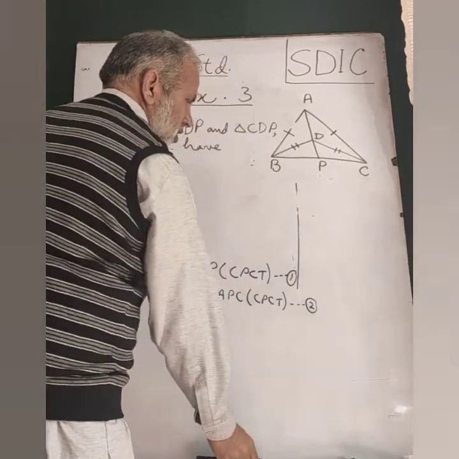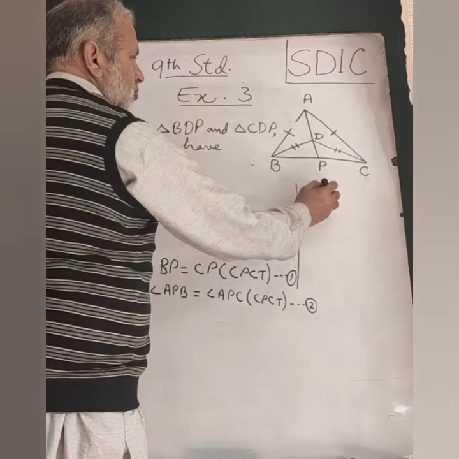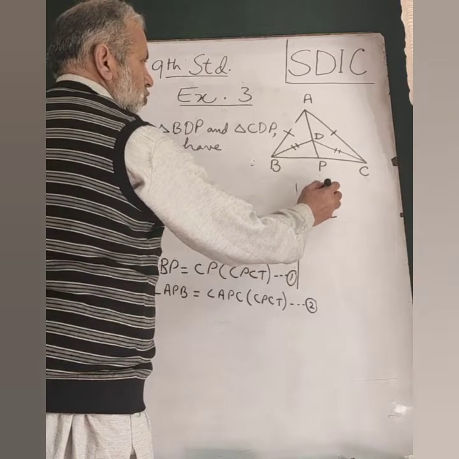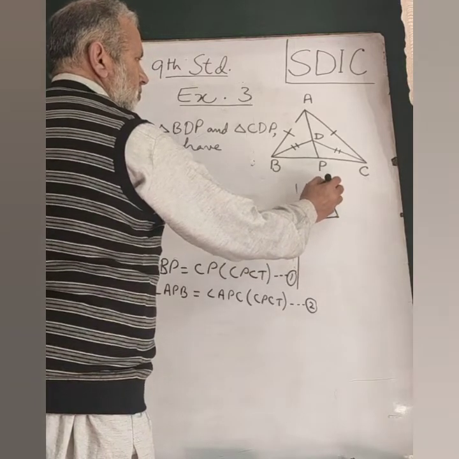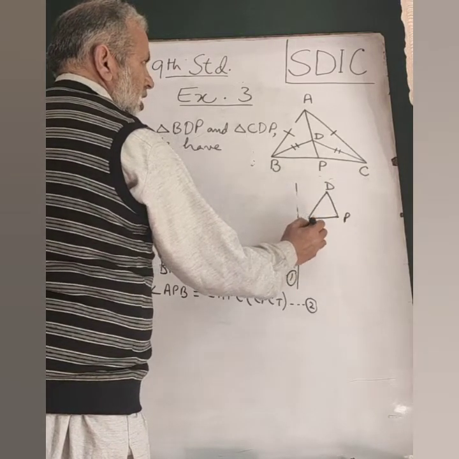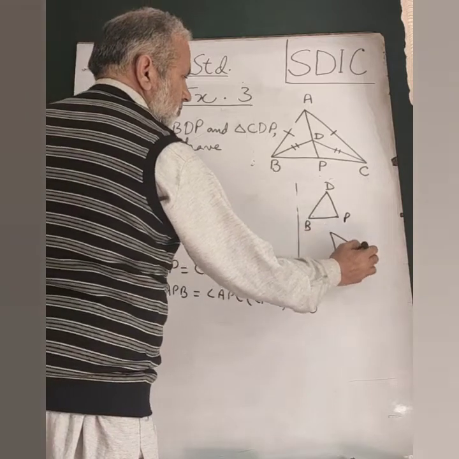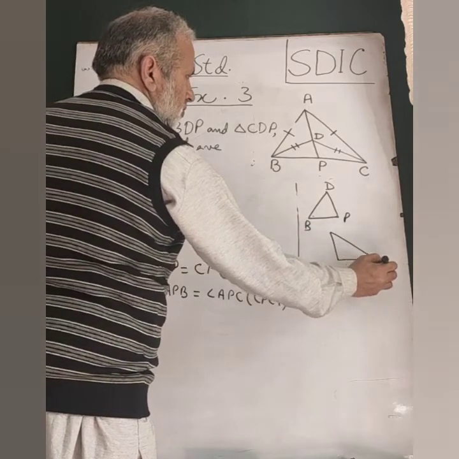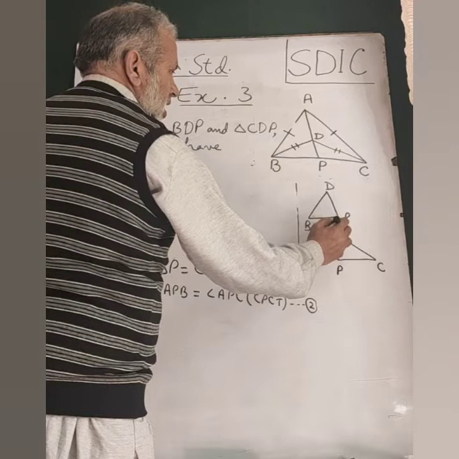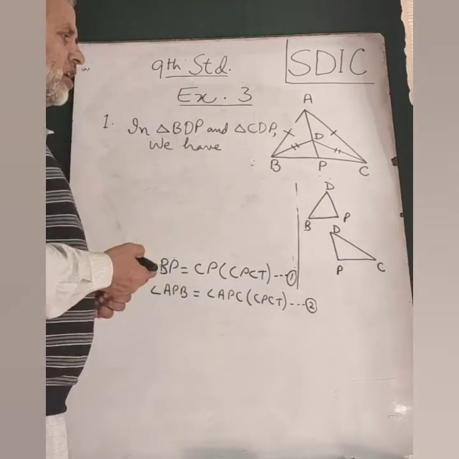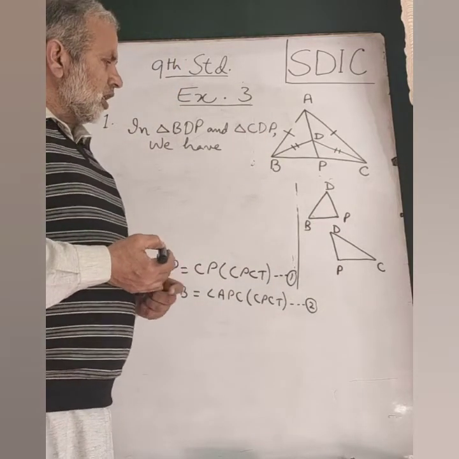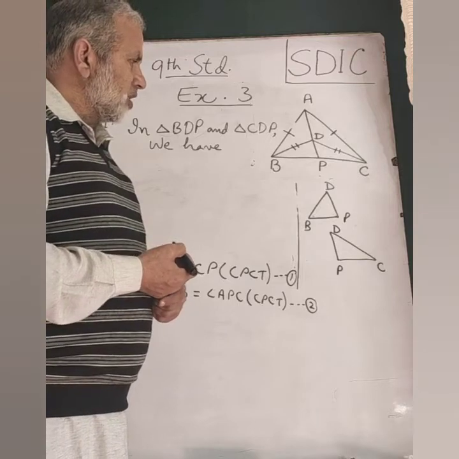Rough part of the question. Triangle BDP, this one. Triangle CDP, and prove them congruent. Now for their congruency, what is the information available to us?